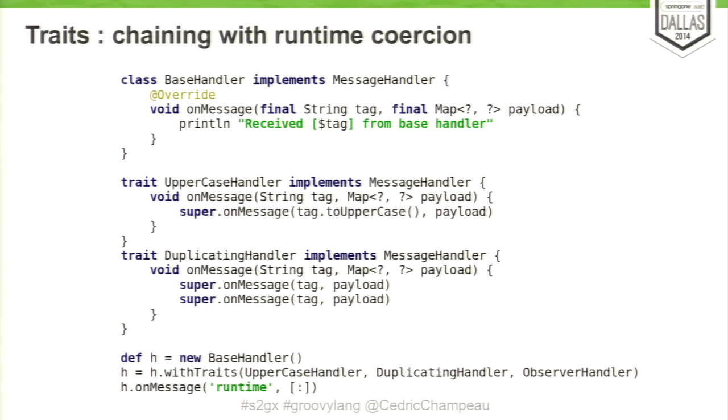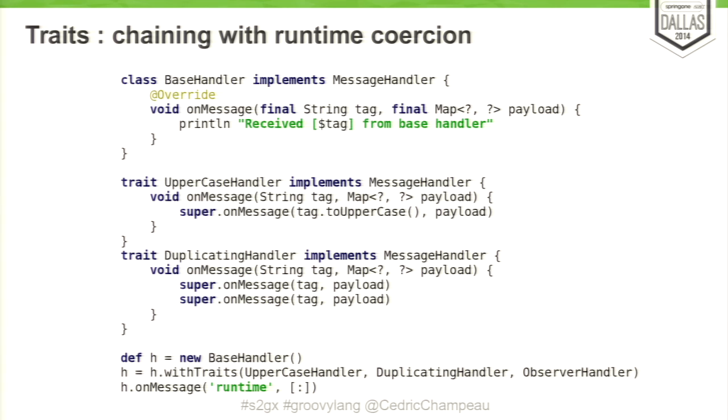So it's important at runtime, actually, more than at compile time, because you can define a base handler that says, okay, it does the same as the default one, whatever. Something that will convert the message in uppercase. Another one that will call twice. So I have a handler that will actually duplicate my message.